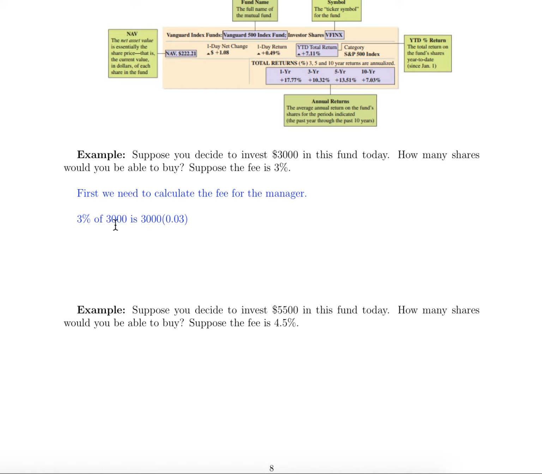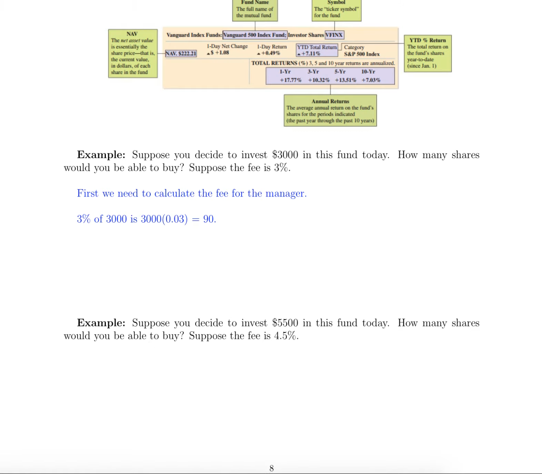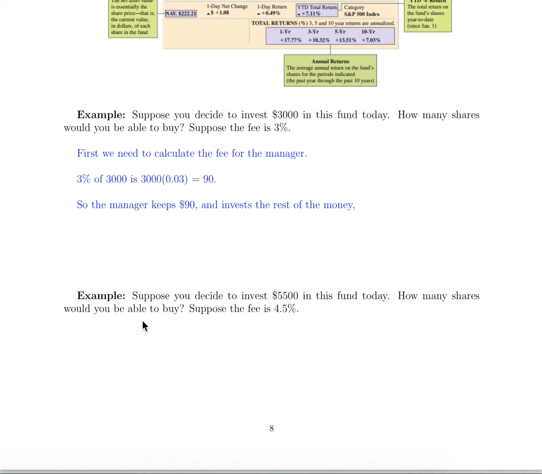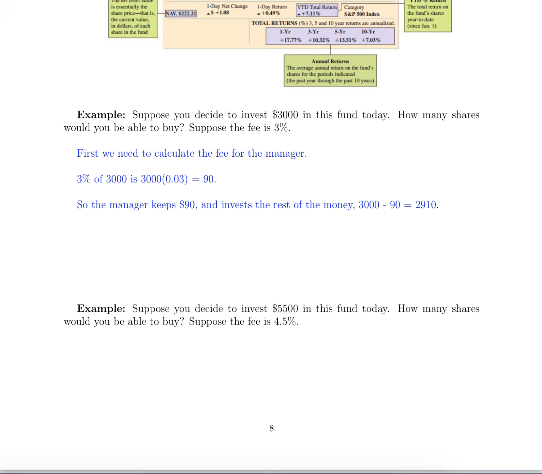So 3% of $3,000 is 3,000 times 0.03, which is 90. So that means that the manager keeps $90 and invests the rest of the money. So 3,000 minus 90 is 2,910. So that's how much of your money is actually being invested.